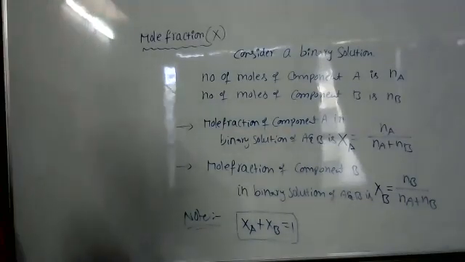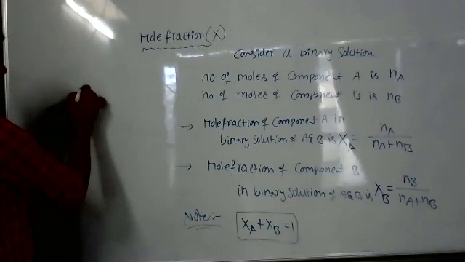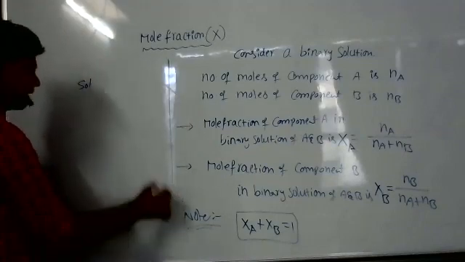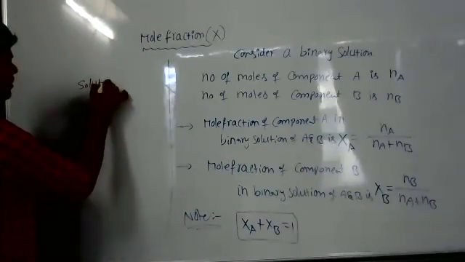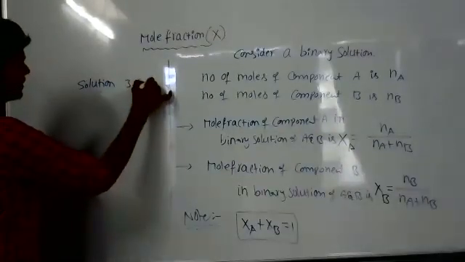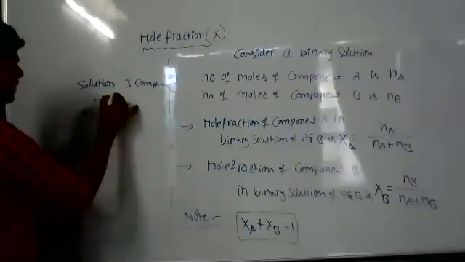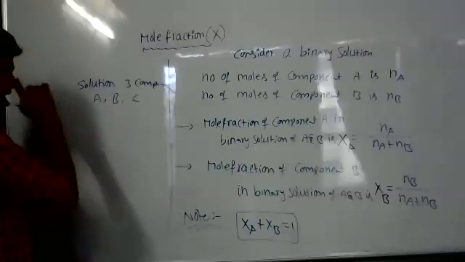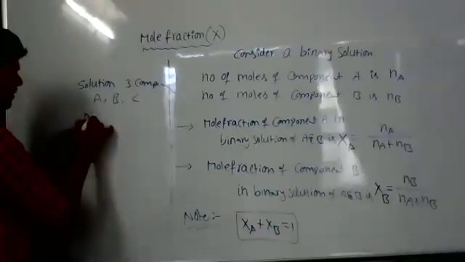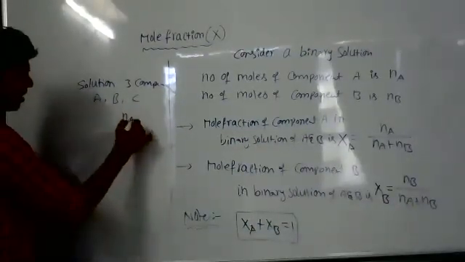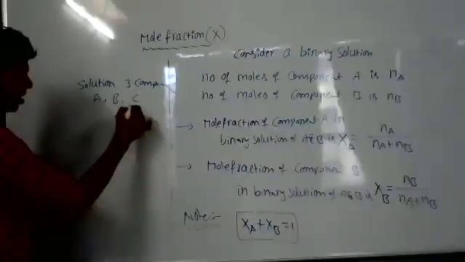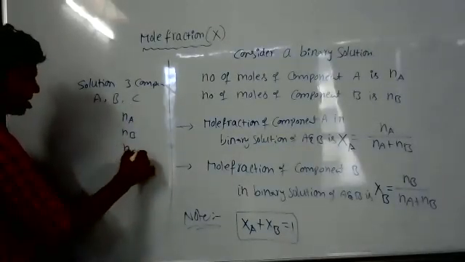Suppose the solution has 3 components, you don't need to write, just listen. The solution has 3 components, that is A, B and C. First we calculate the number of moles of A, that is Na, the number of moles of B, Nb, and the number of moles of component C is Nc.